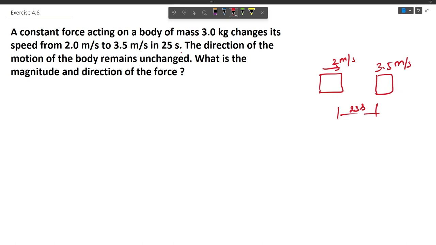From the equation of motion we know that v equals u plus at, or final velocity equals initial velocity plus acceleration times time interval.